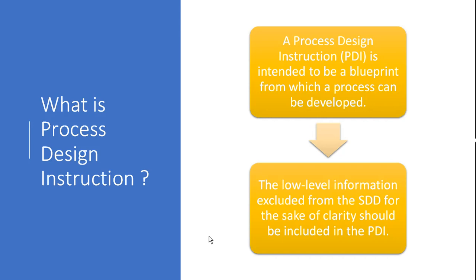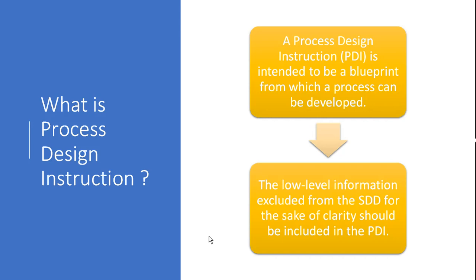So the next thing is PDI, process design instruction. A process design instruction is intended to be a blueprint from which a process can be developed. The low level information excluded from the SDD for the sake of clarity should be included in the PDI. The SDD is all about high level.